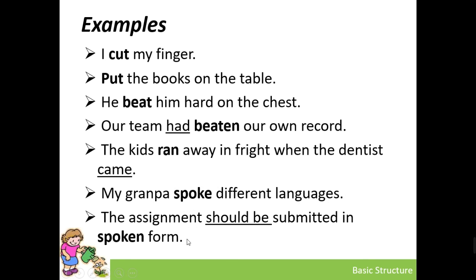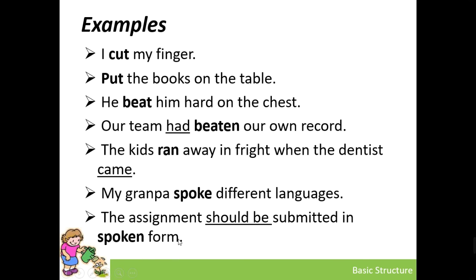The last example is "The assignment should be submitted in spoken form." Spoken form here is verb 3 of the word speak. So speak is verb 1, spoke is verb 2, and spoken is verb 3.